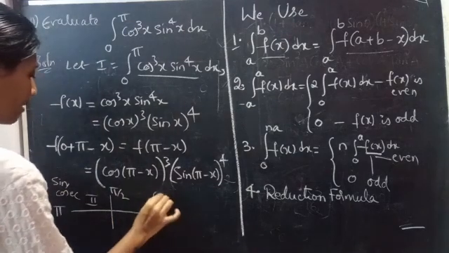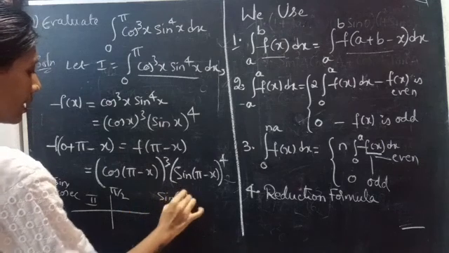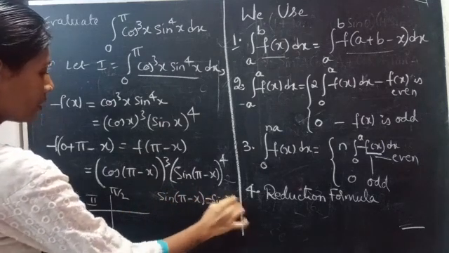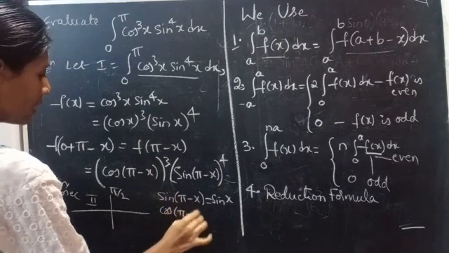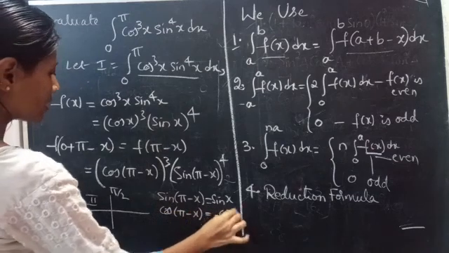So you'll have sin of pi minus x is sin x and cos of pi minus x is equal to minus cos x.